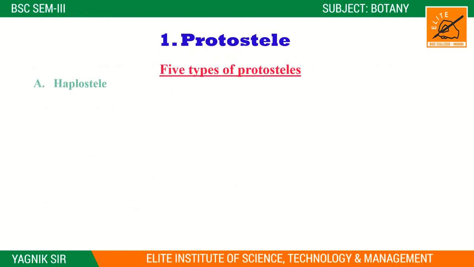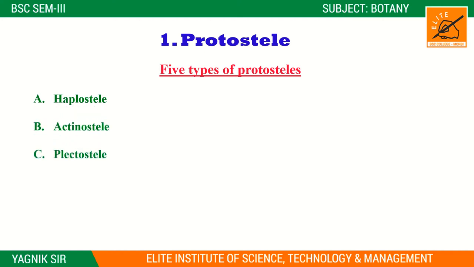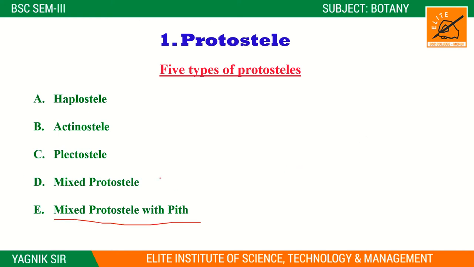Which subtypes? First is the haplostele, another is the actinostele, third is the plectostele, fourth is the mixed protostele, and fifth is the mixed protostele with a pith. So this is the advanced one, right? Because in the earlier slide we learned that in the protostele the pith is absent.